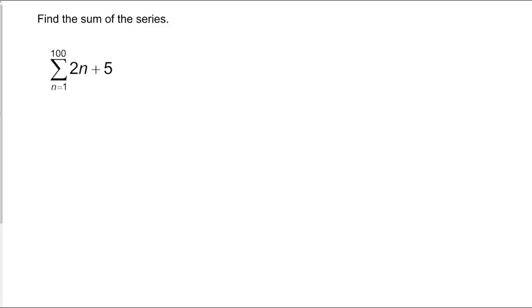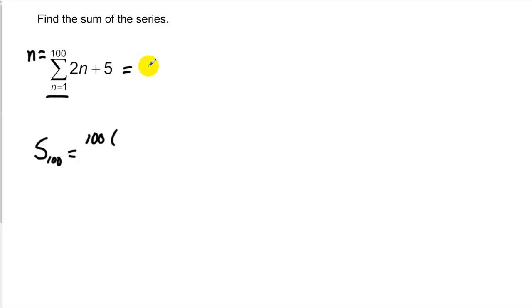Let's move on to a sigma notation type problem. Again, we're going to need the number of terms, and you'll notice we start at n equals 1 and go to n equals 100, which means there's got to be 100 terms. So that's the sum of 100 terms is equal to 100 times my first term plus my last term. And again, we're assuming that this is all arithmetic, so I'm going to plug in and check just to make sure this is arithmetic.